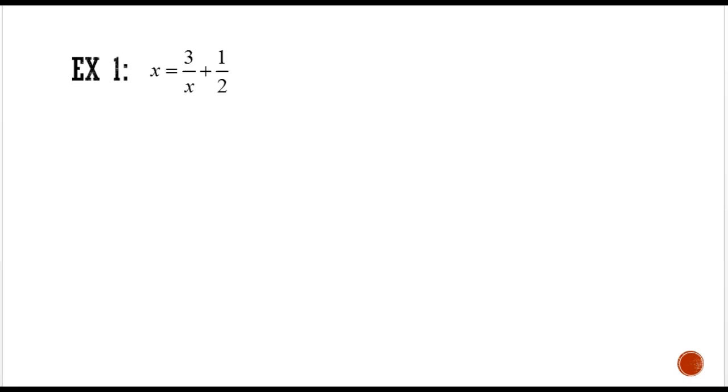So look at my denominators. This is an x and a 2. So if I multiply both sides of this guy by 2x, let's see what happens. All right, so on the left, I'm going to get 2x squared equals. Now on the right, if you want to spell it out, I'll have 3 over x times 2x plus 1 times 2x over 2.